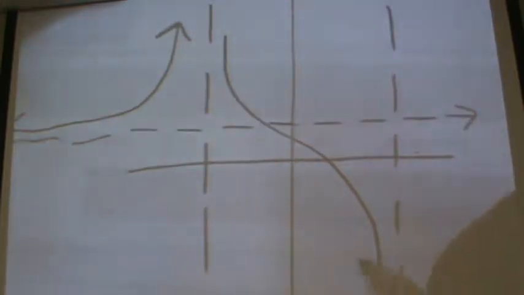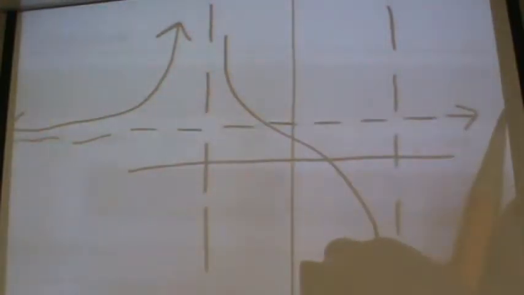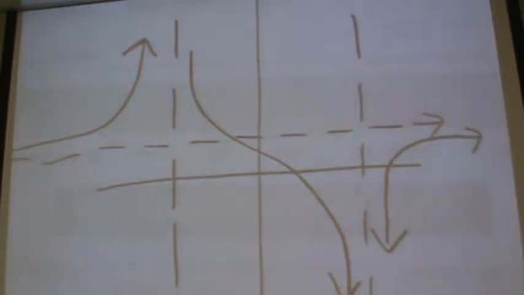Sometimes, not all the time. But horizontal asymptotes are more for the end behavior. The graph is going to get closer and closer to the ends of that horizontal line. But sometimes you will see a graph cross a horizontal asymptote. Sometimes you'll see something like that, but it's rare. I just want to let you know, you might see something like that. That's what your graphs are going to look like.